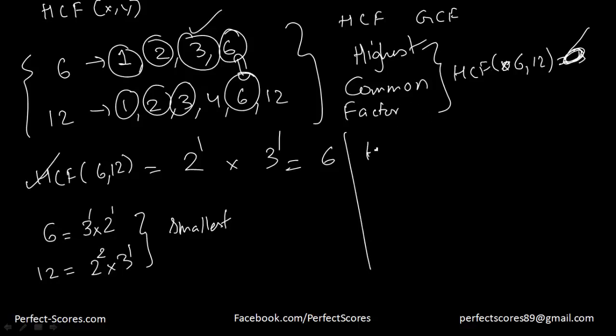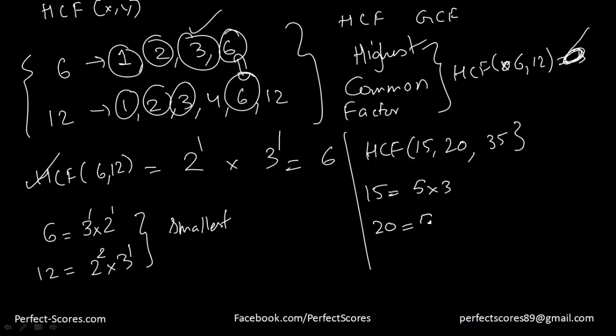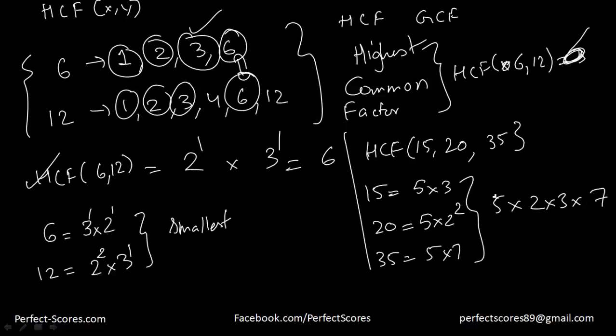Let's suppose I want to find the highest common factor of 15, 20, and 35. So 15 is 5 times 3, 20 is 5 times 2 squared, and 35 is 5 times 7. Now I write down all the prime numbers listed there. The smallest power for 5 is 1, because it's 1 here, 1 here, 1 here.